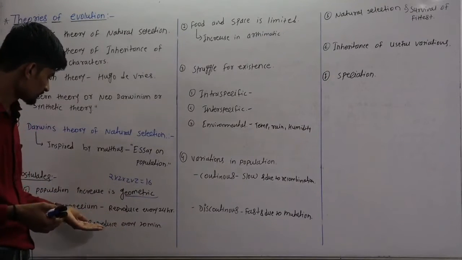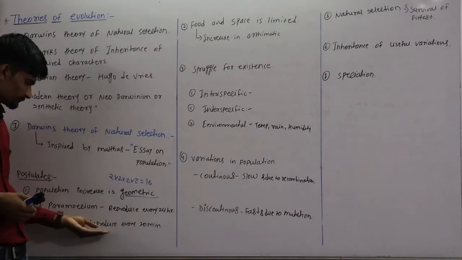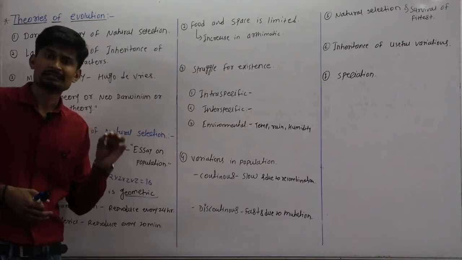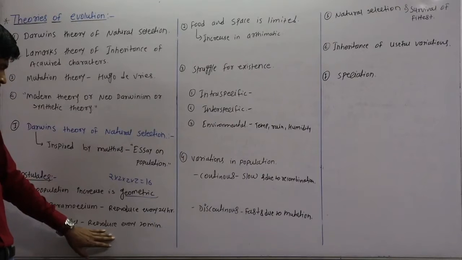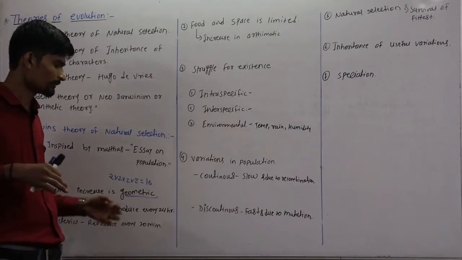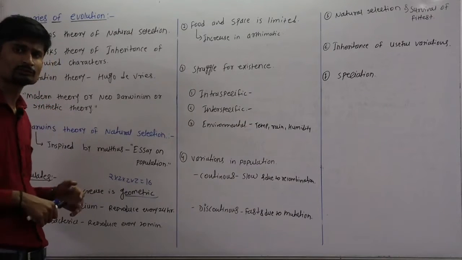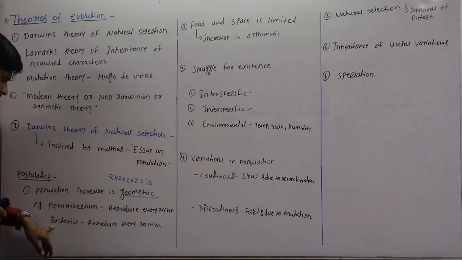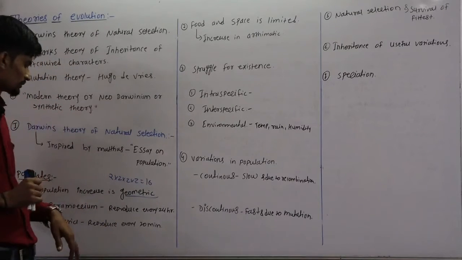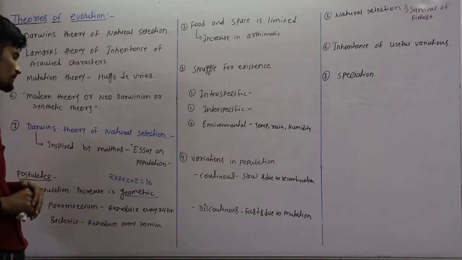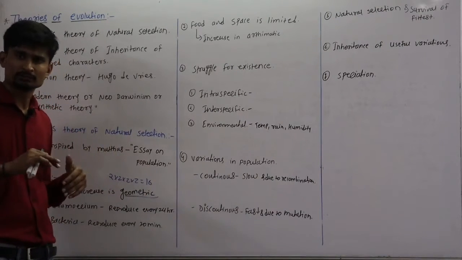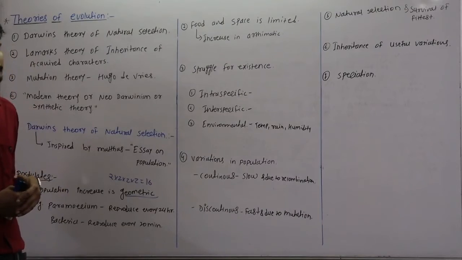Because there are more chances of death of the organisms which are produced, so the rate of reproduction is higher in such small organisms. So bacteria reproduce every 20 minutes. So that is the population increase in a geometric manner, that is in a multiplication manner.